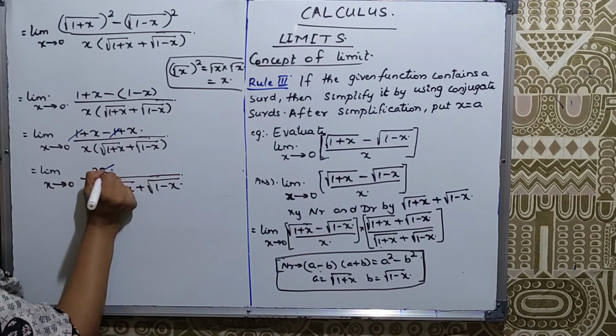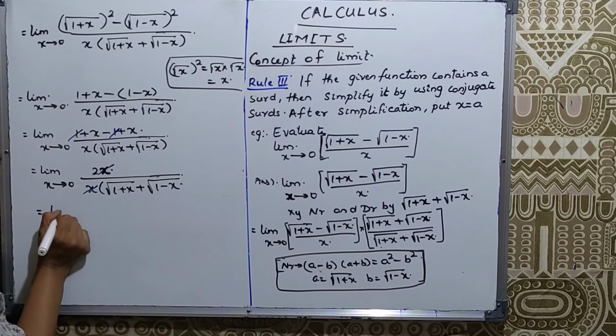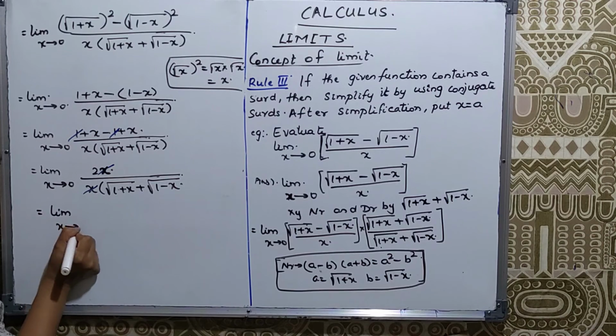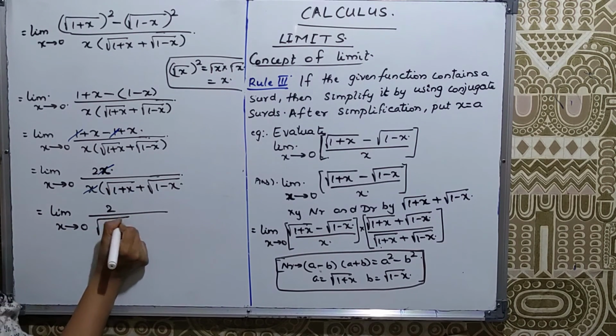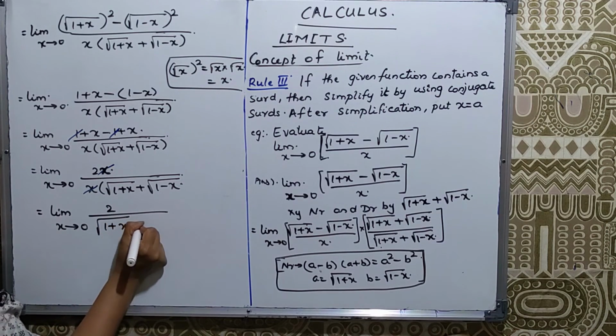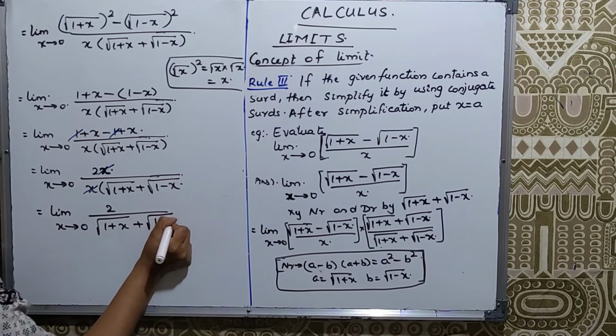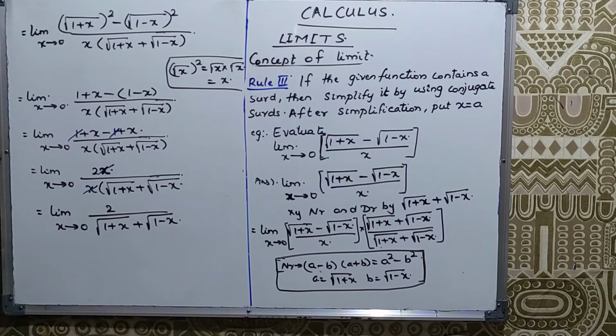So term left out will be limit x tends to 0, 2 divided by (root of 1 plus x plus root of 1 minus x). Now if you substitute x equal to 0 in the denominator, there will not be any 0 denominator. So we'll substitute for x 0 now. That means when x tends to a, f of x we are finding.